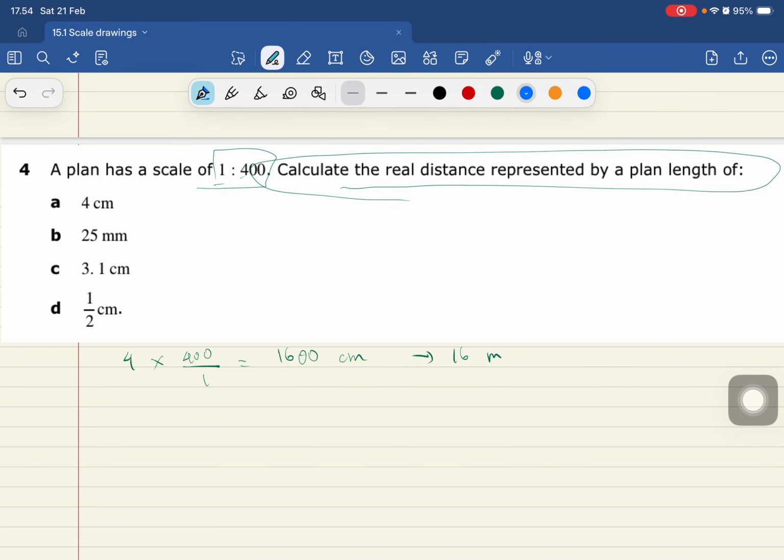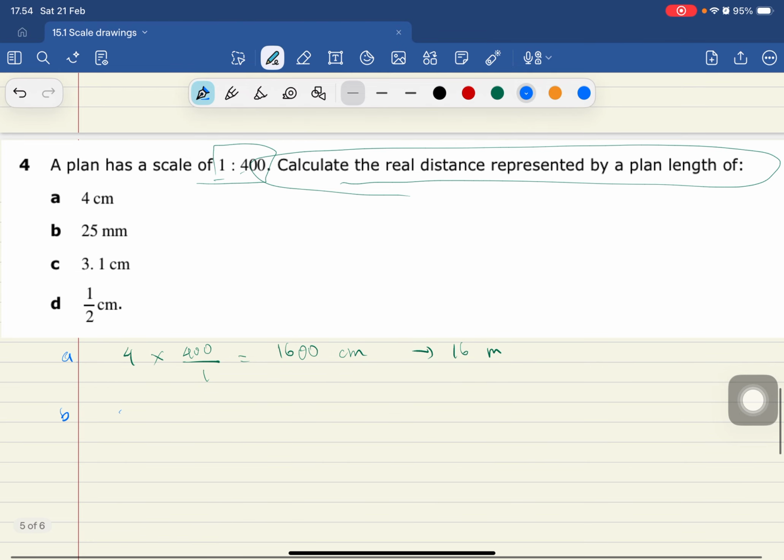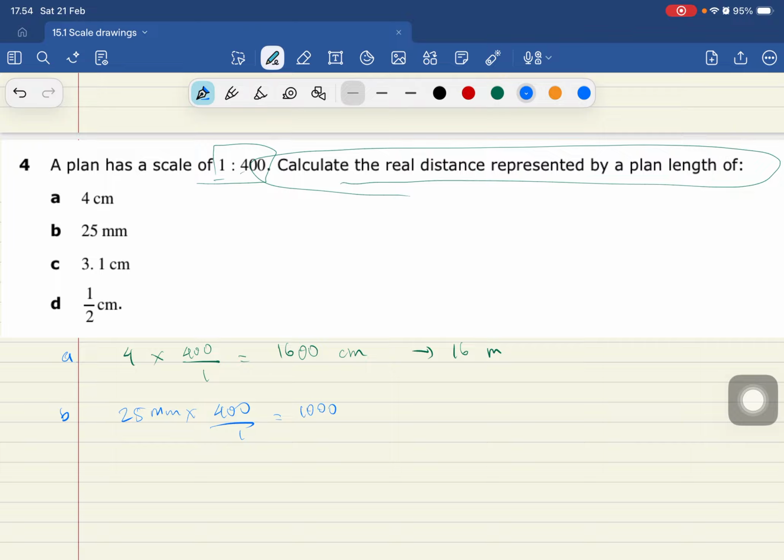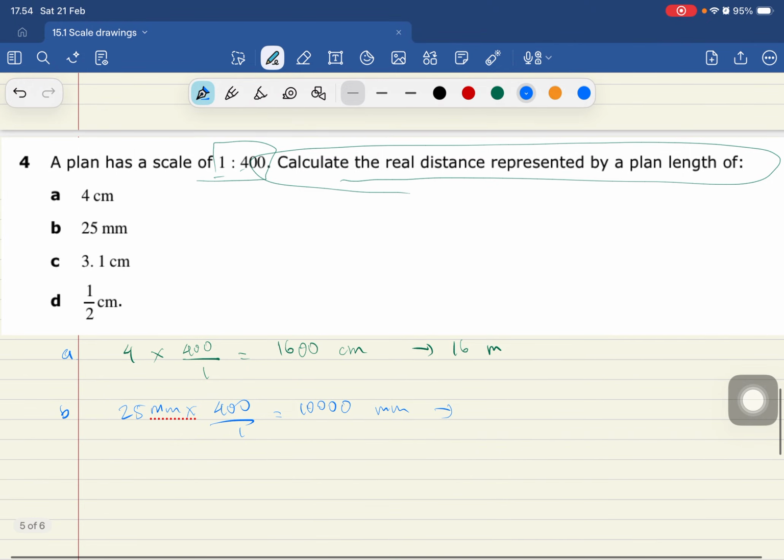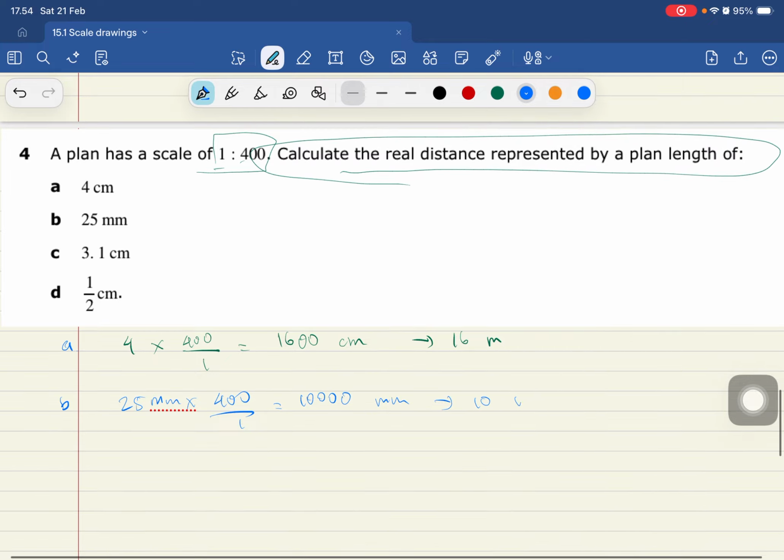Next, B. 25 millimeter multiplied by 400 divided by 1. So 25 multiplied by 400 is going to be 10,000 millimeter. We change it into meter, so it's going to be 10 meter in real life.